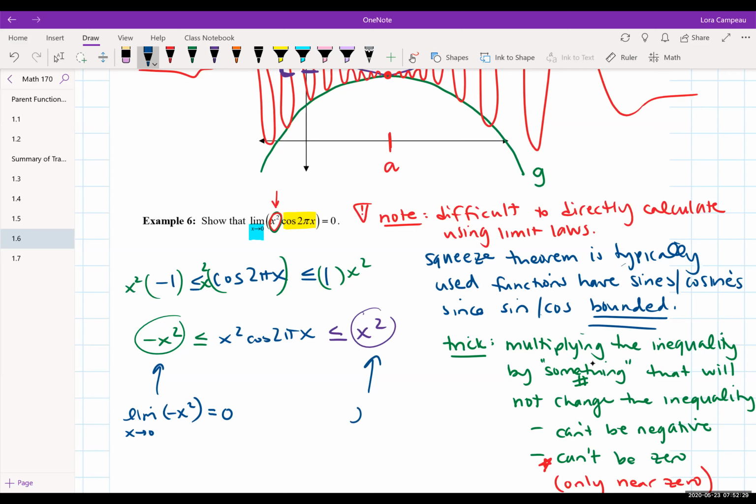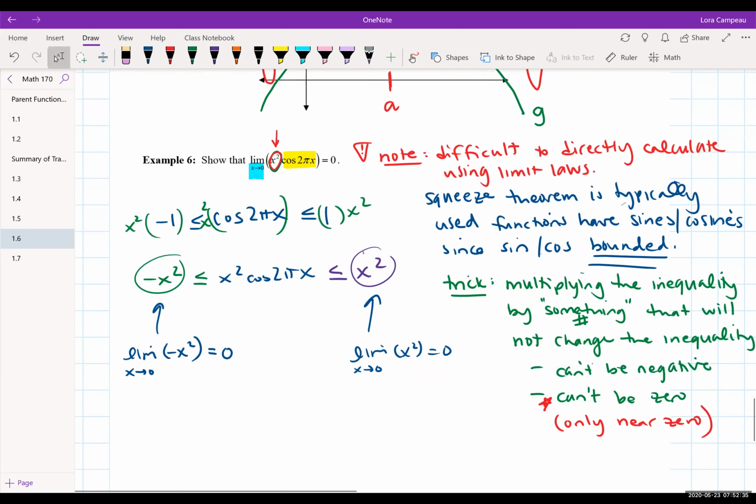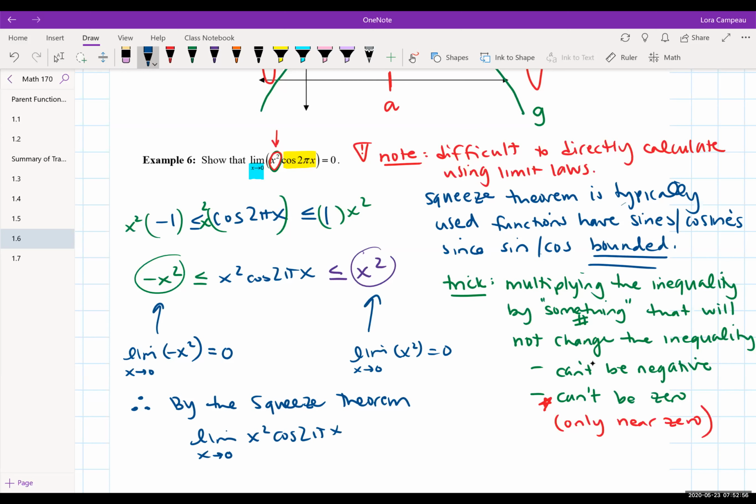And at the same time, the limit of positive x squared as x approaches zero is also equal to zero. Since you're able to squeeze that function in between those two known functions with known limits, by the squeeze theorem, your limit as x approaches zero of x squared cosine 2 pi x, the more complicated function, also equals the same limit because it's squeezing between those.